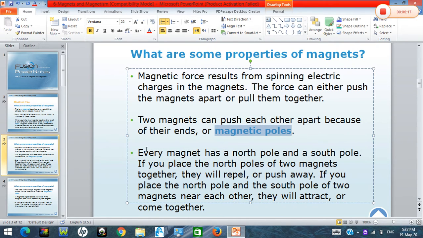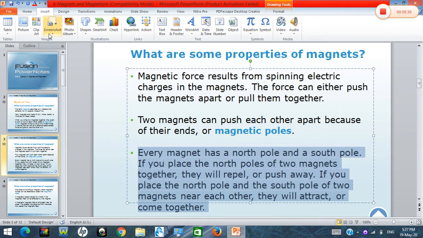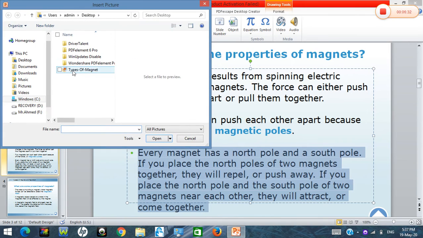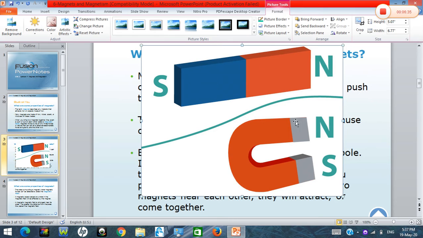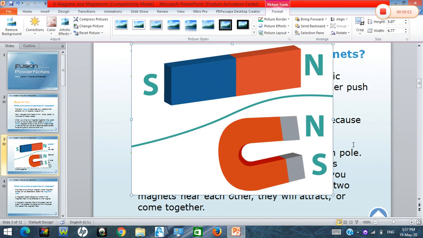Okay, if we do an experiment, you can do it in your house. If you have two magnets like this, if we have two power magnets and we approach the similar poles to each other, which means we approach south to south and north to north, what will happen?